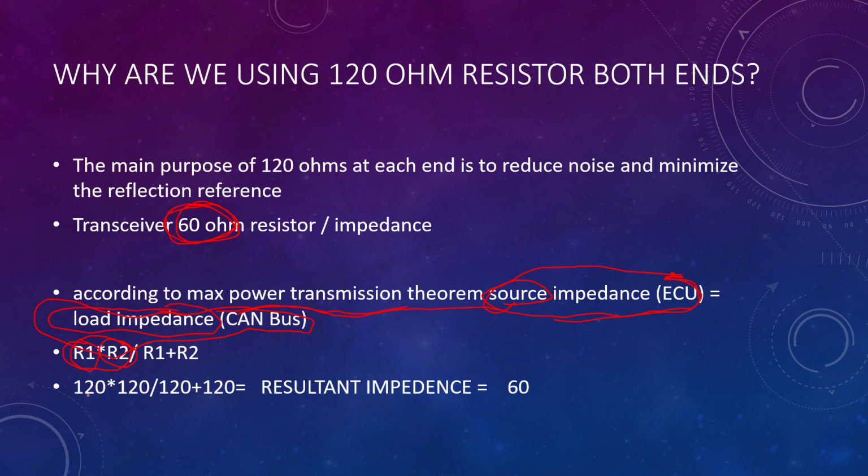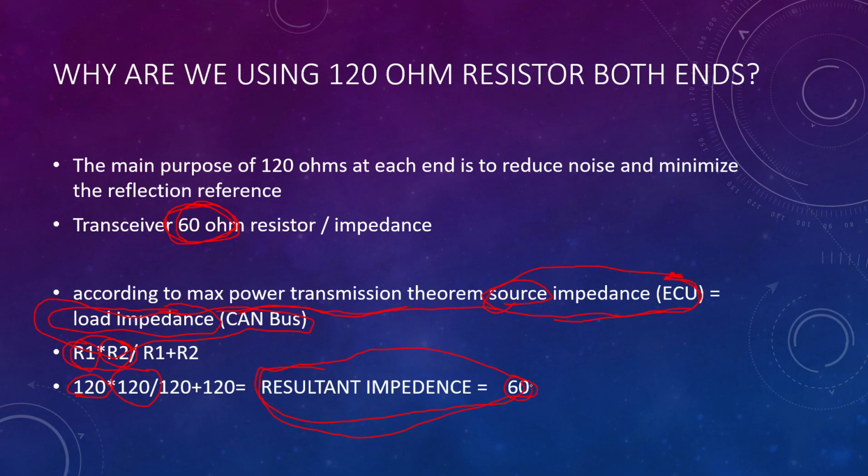We are using a 120 ohm resistor at both ends, so I take R1 as 120 ohm and R2 as 120 ohm: 120 into 120 by 120 plus 120. So what is the resultant impedance? We get 60.